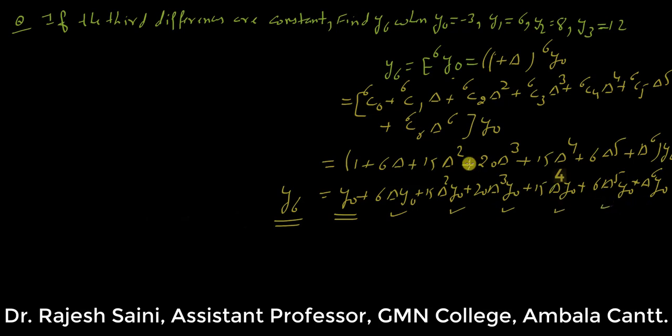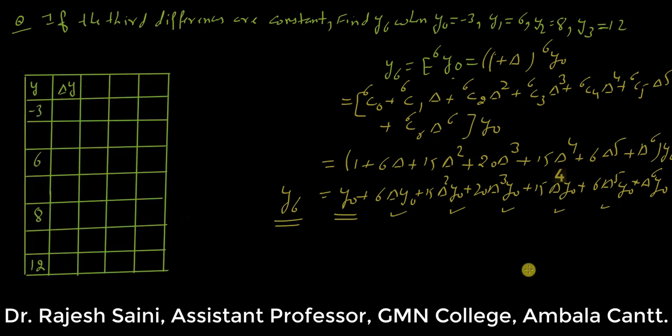Fine. So now let me make the table, and here you see how we'll form it. I have written y: -3, 6, 8, 12. Now you will leave one space blank.